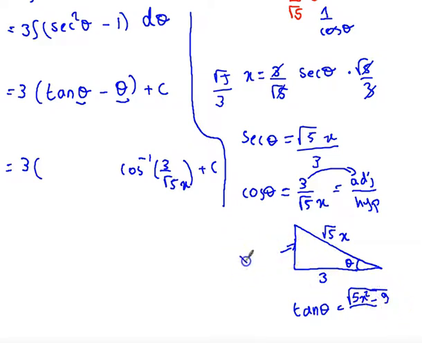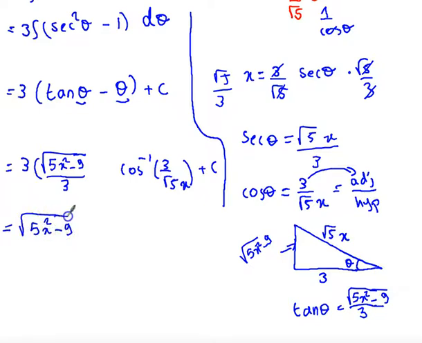So this side is equal to radical 5x squared minus 9, and the adjacent side to theta is 3. So this is tangent theta. So 3 times radical 5x squared minus 9 over 3. Let's multiply 3 by 3, drop each other, so equal to radical 5x squared minus 9.